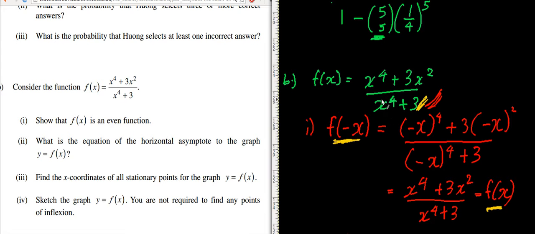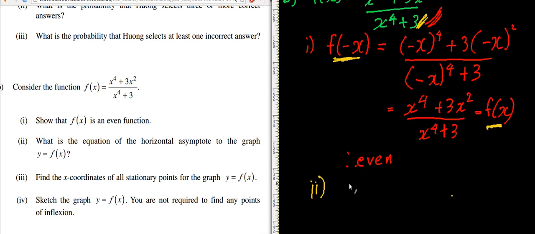when x goes to infinity, right? So when x goes to infinity, I'll write this equation again. So I have x to the 4 on x to the 4 plus 3, plus 3x squared on x to the 4 plus 3. So if you look at this, this has two separate things, right?